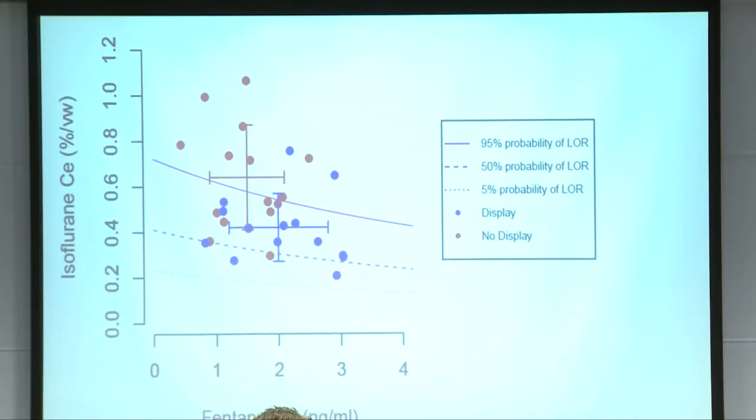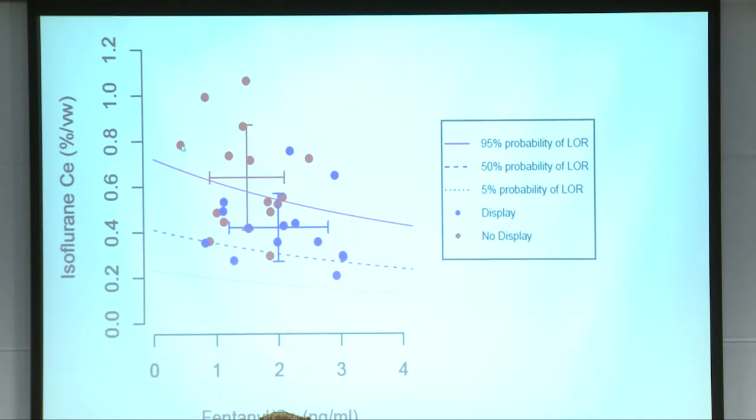In a recent study with 30 patients, and this will be published soon, we found that at the end of the procedure, when surgery had ended, we show here a plot of the effect site concentrations of fentanyl on the x-axis and isoflurane on the y-axis.